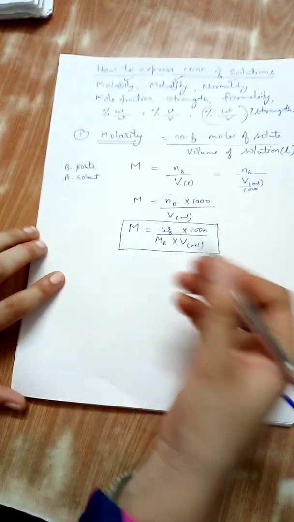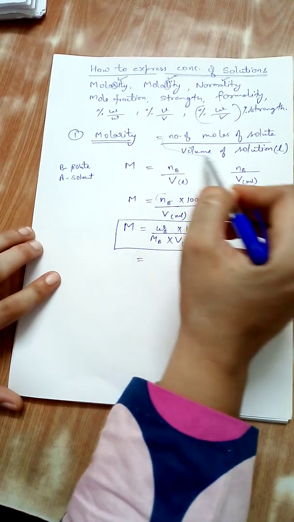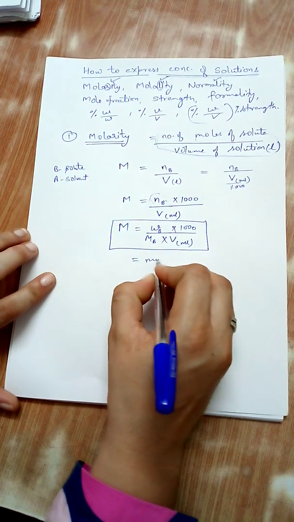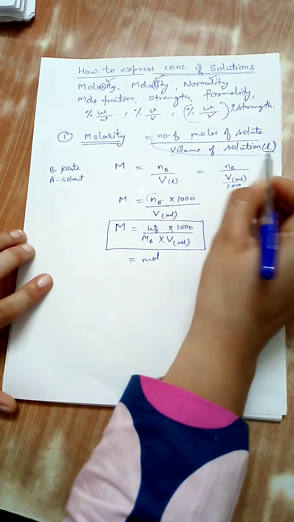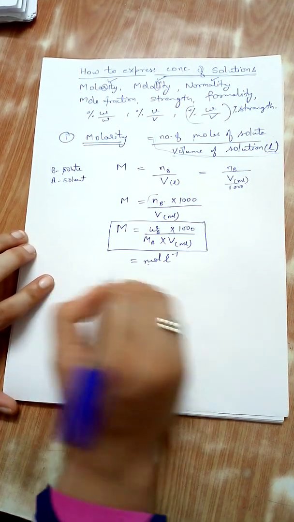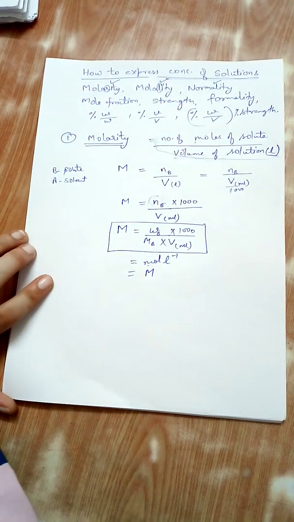Now what will be the units for molarity? This can be concluded from the first definition: moles of solute, so the unit will be mole, per liter of solution, so the unit will be mole per liter, or it can also be written directly as capital M.